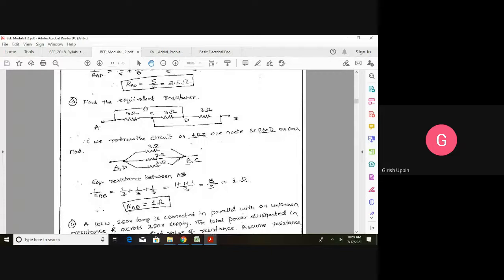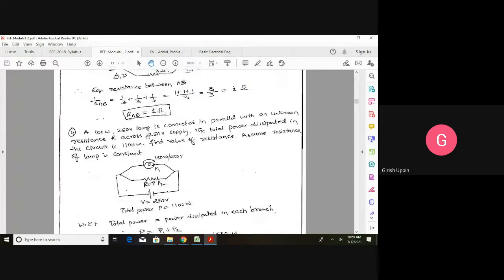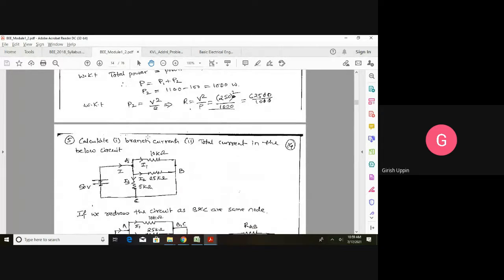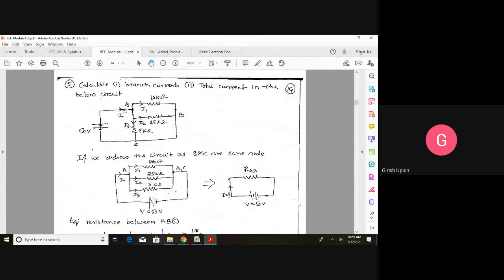This is another circuit. This is a very simple circuit. So here it looks like a complicated circuit. It is not. The only thing is, if you closely observe, this is one end of the resistor, this is one end of the resistor, and this is one end of the resistor. All are connected.